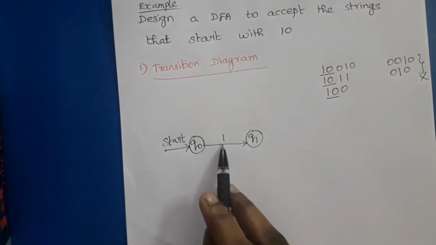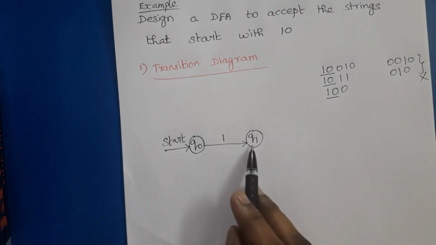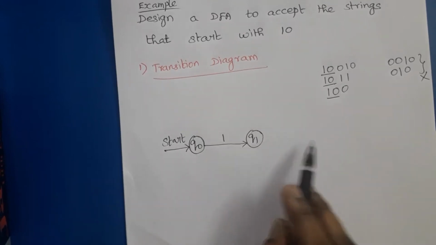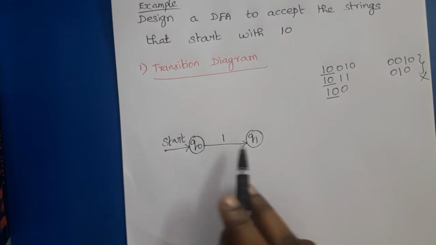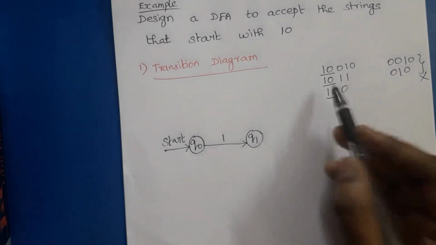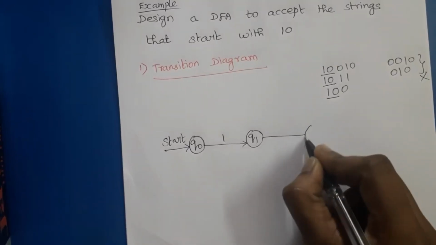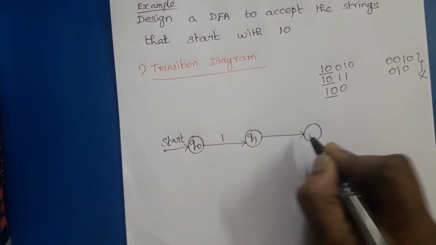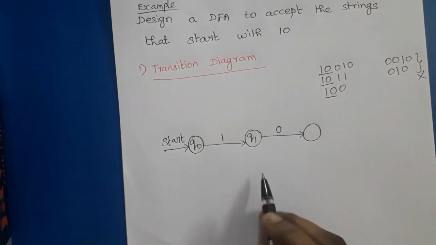That is, if the first symbol of the input string is 1, then our state must change to Q1. That is, we need to reach our final state. So if 1 is the input symbol, then the state should change to Q1. And the next input symbol must be 0. So from Q1 to Q2, draw an arc, and that arc should be labeled by 0.